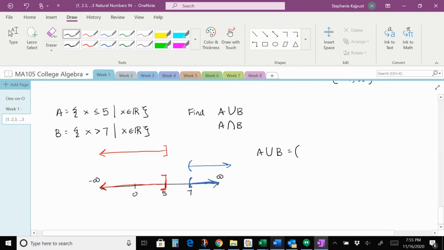So the interval notation for A is -infinity to 5 with a bracket, and then union, and then we have a parenthesis at 7 to infinity. We use the union symbol to indicate that we have two separate pieces, but they're both part of the answer. So we're combining them together in the answer, so we have to use that union symbol there.